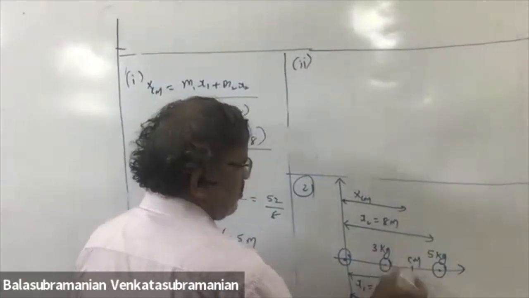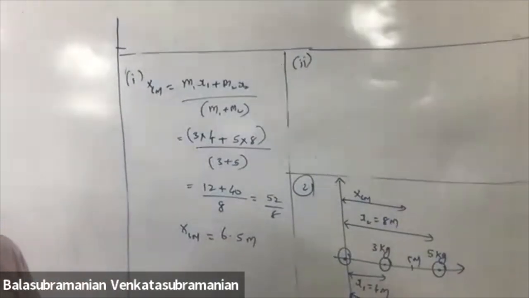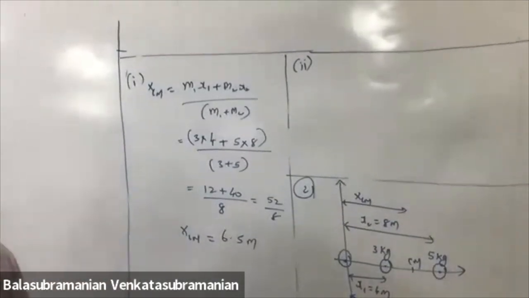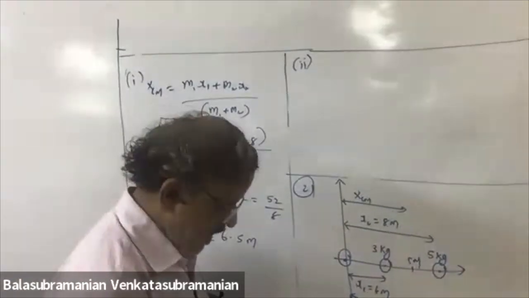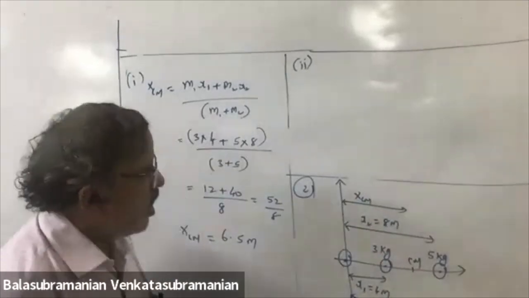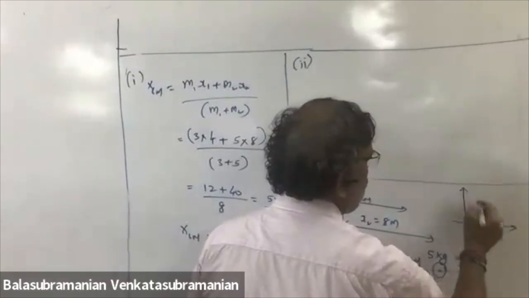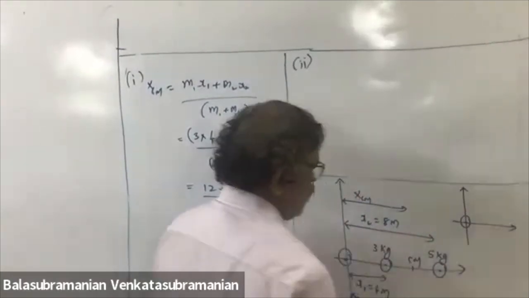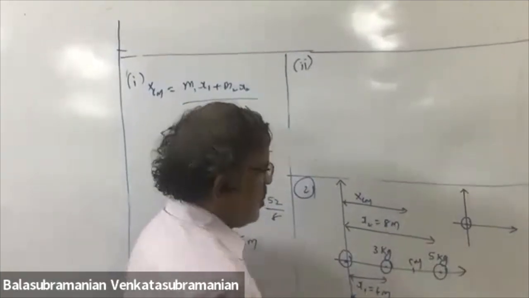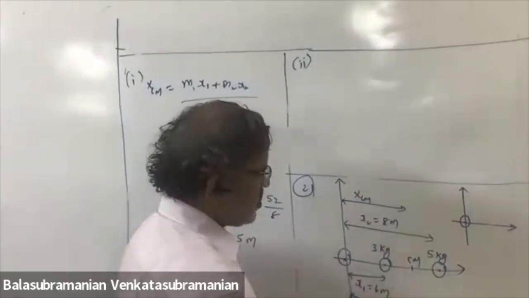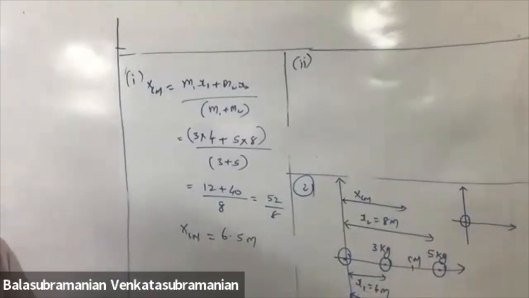This point they are asking. Actually, 8 minus 4, that is 4, we can directly write, but we should not do it like that. Take the 3 kilogram mass position as the origin. You cannot take the total value 8 meters, subtract the center of mass distance 6.5, and get 1.5, like that.